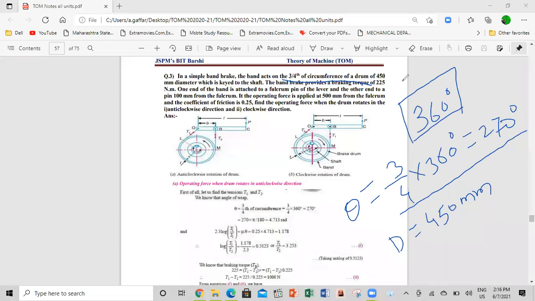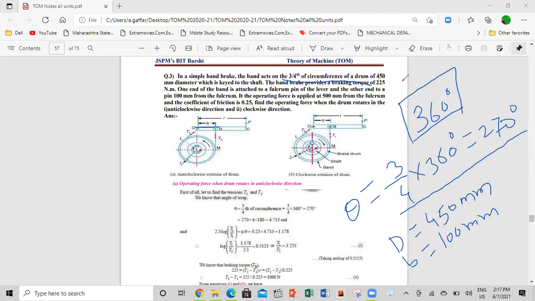Then one end of the band is attached to the fulcrum pin of the lever, which is O, and the other end to a pin 100 mm from the fulcrum. So this distance is b, b is equal to 100 mm from the fulcrum point.